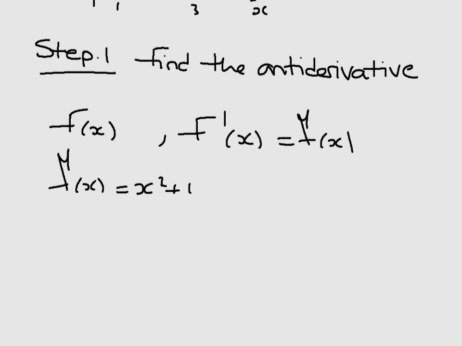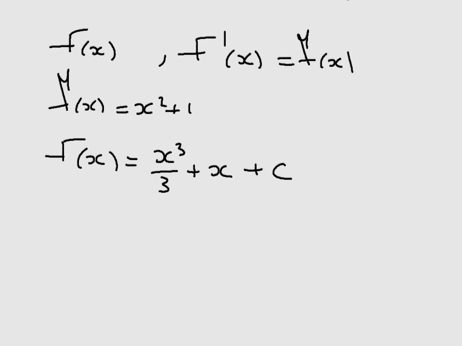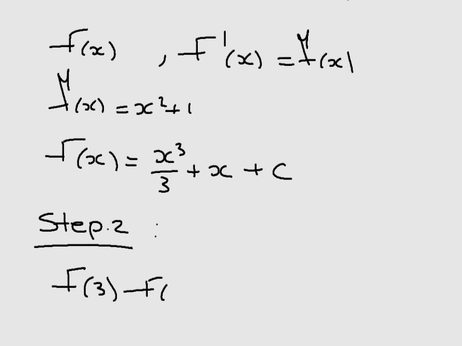Now, given that f of x equals x squared plus 1, the antiderivative, capital F of x, will be equal to x cubed over 3 plus x plus some constant c. That's our step 1 done. We have the antiderivative. Our step 2 is to calculate capital F of 3 minus capital F of 1.